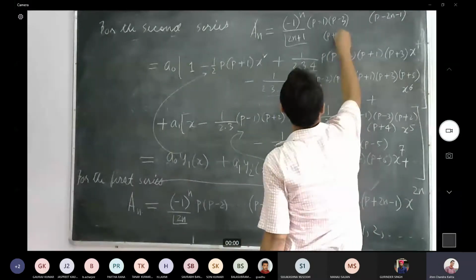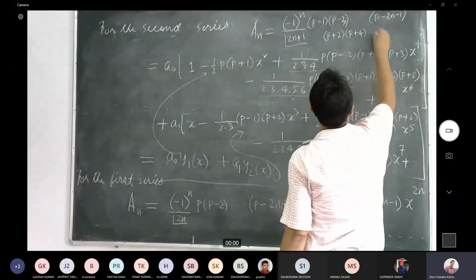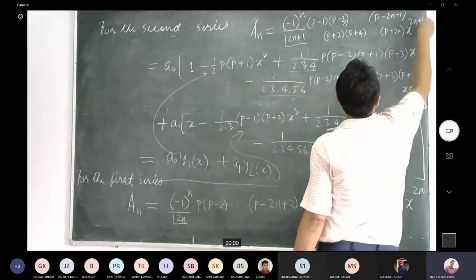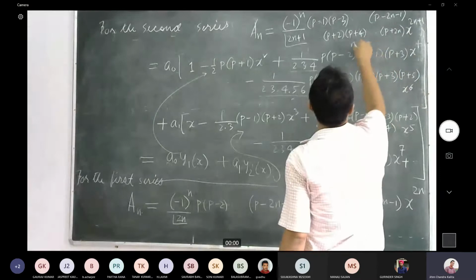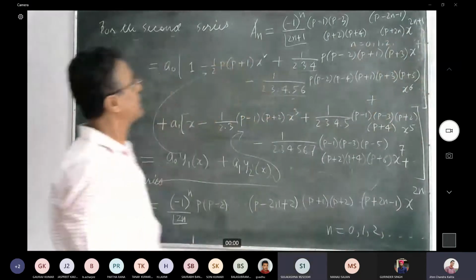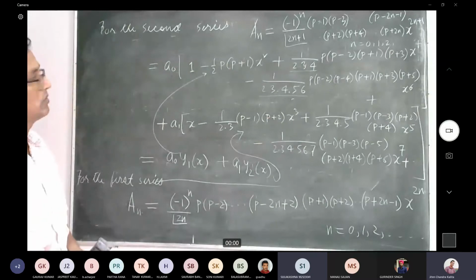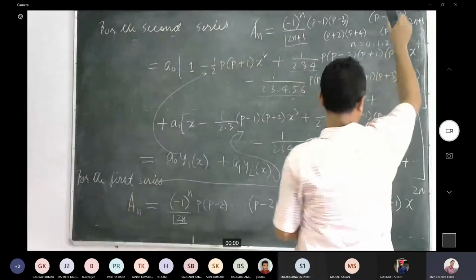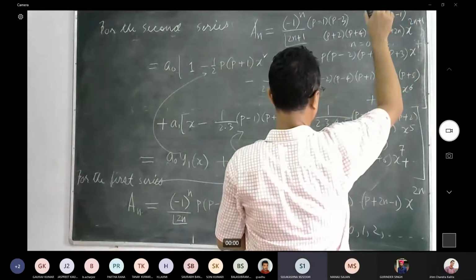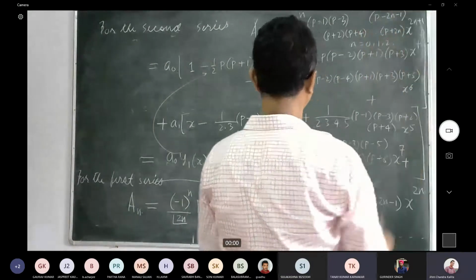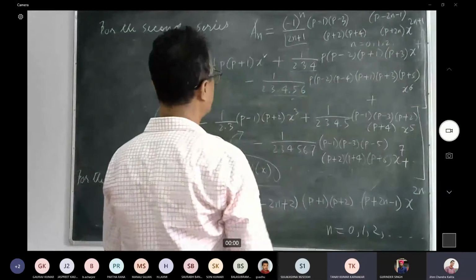So 3 plus 2, 3 plus 4, up to 3 plus 2n, and then times 2n plus 1, and here again your n is going to go from 0, 1, 2, 3. So that should be p minus 2n plus 1. Yes, you can put a bracket.